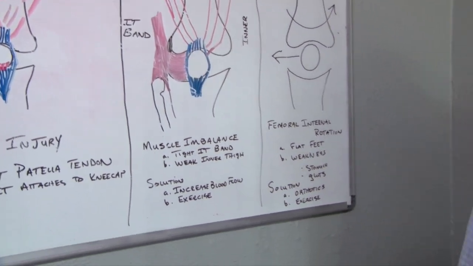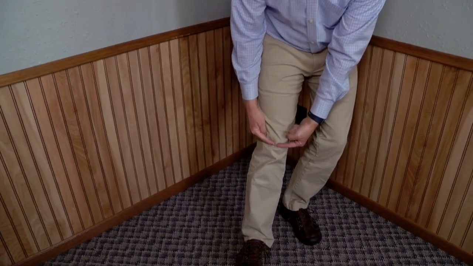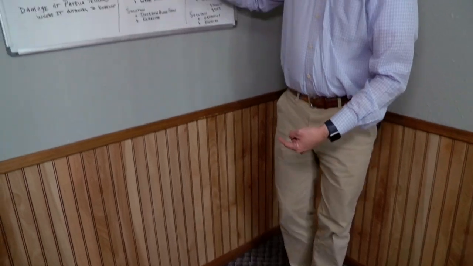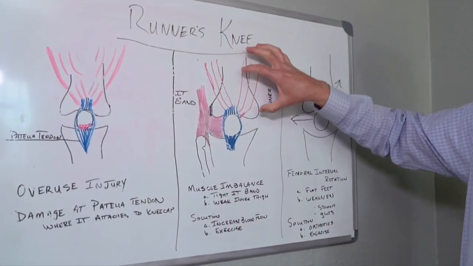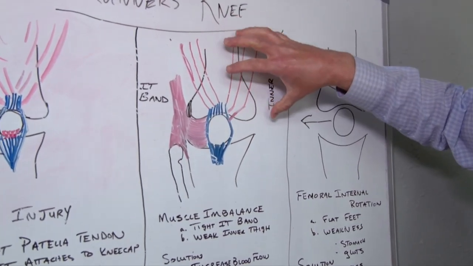So on my knee, if my IT band starts to get too tight, the kneecap itself is going to be pulled that direction. If that kneecap gets pulled in that direction in combination with a weak quadricep, so these red lines are the quadricep muscle, sometimes that quad will get weak.